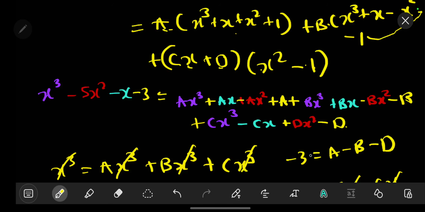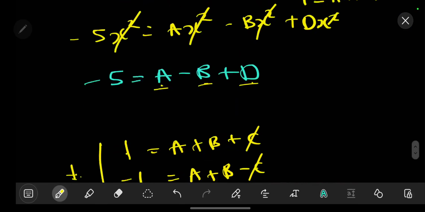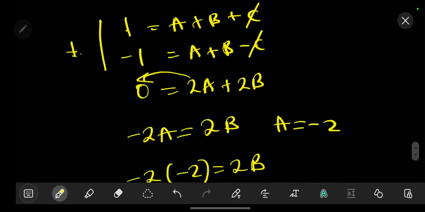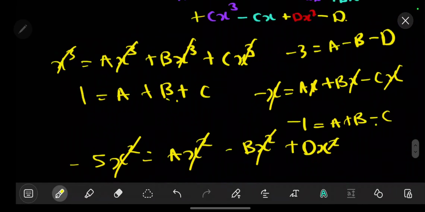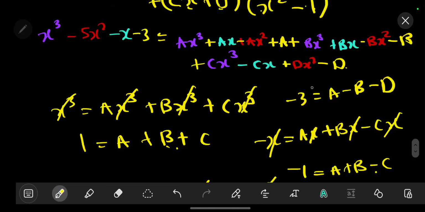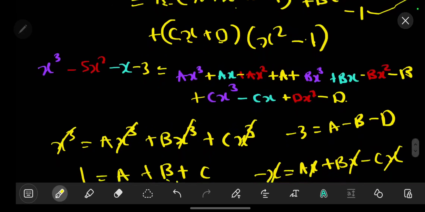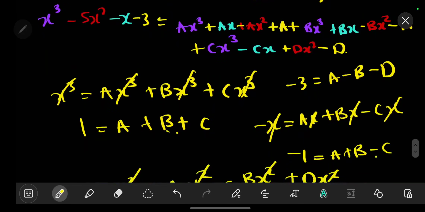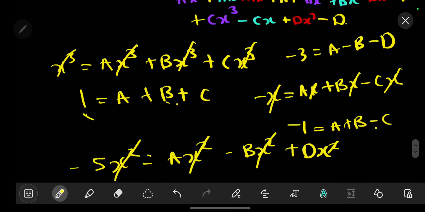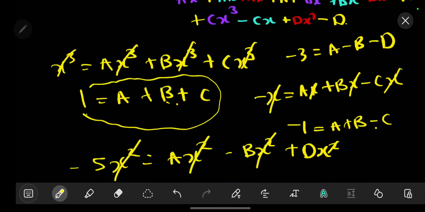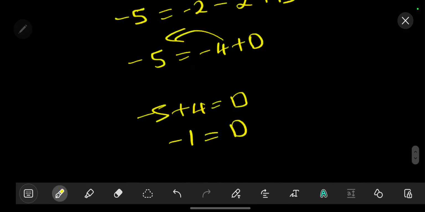We have found the value of a, but we want the value of c, which this is not going to give us. So we can use this one that has c, where 1 should be equal to a plus b plus c.